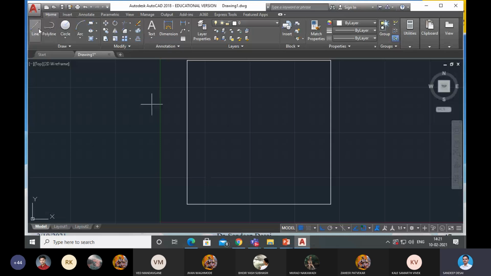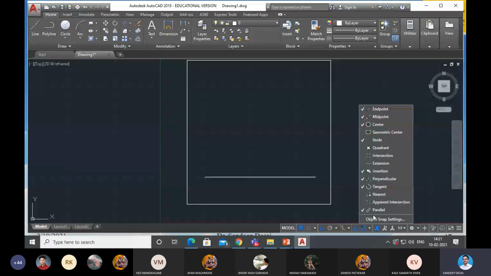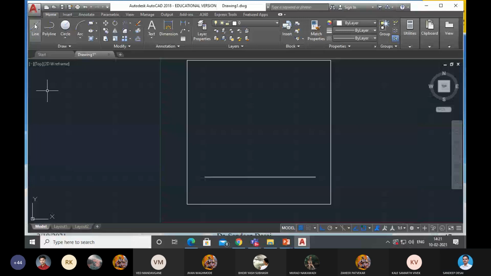Next, let us draw one horizontal line here. Don't think of any dimension right now. Let me check if all OSNAP settings are on. Yes, they are on. It will be easy for you when OSNAP settings are on.